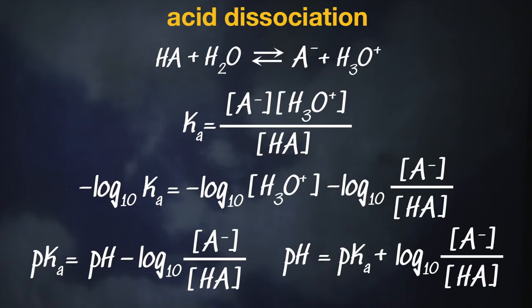Now that turns out to be an extremely important equation because it allows us to calculate the pH of a mixture given the pKa and the concentrations of the conjugate base and the acid. And it turns out that it also provides the ability to design buffering mixtures.